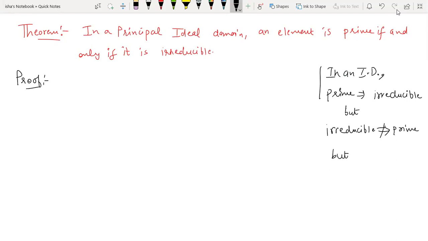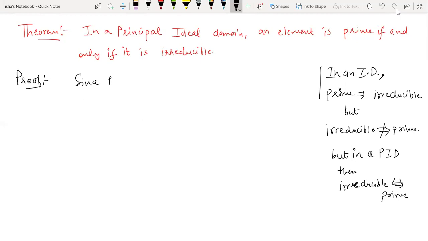But now this new result is telling you that if your integral domain is a particular type, what particular type? If it is a principal ideal domain, then irreducible is the same as prime. That means an element which is prime is irreducible, and an element which is irreducible is prime. So prime implies irreducible was already there. Now irreducible is also implying prime in a principal ideal domain. This is what we want to prove.